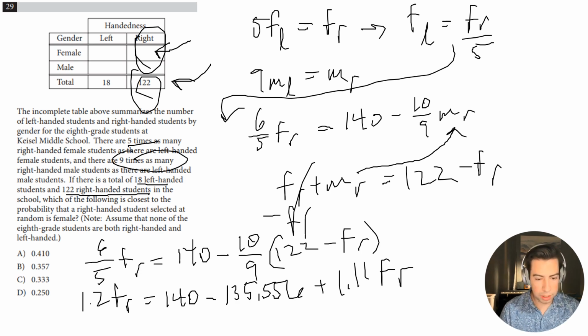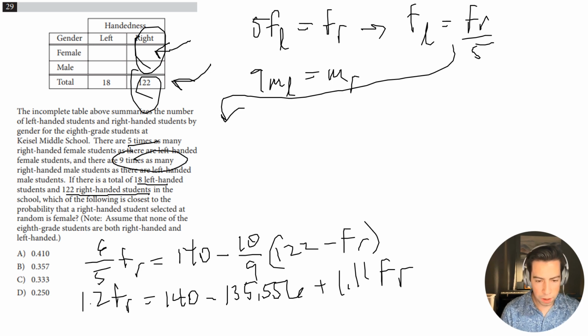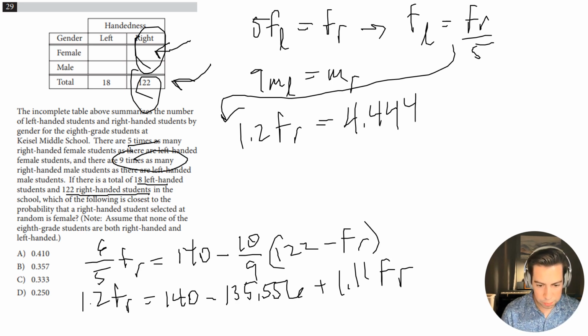So now, let me clear some more space. And this is kind of a longer problem. I'd say this is definitely a hard SAT problem in terms of their classification, but it's still very doable. So now I'm going to have 1.2 f sub r, and then 140 minus our previous value, 135.556, and I'm going to get 4.44 plus 1.11 f sub r.